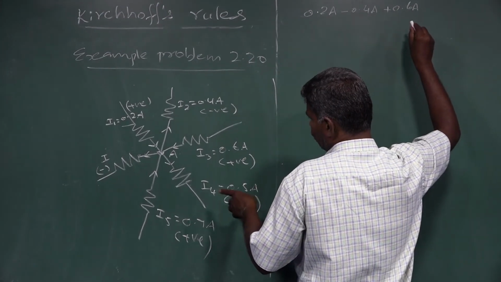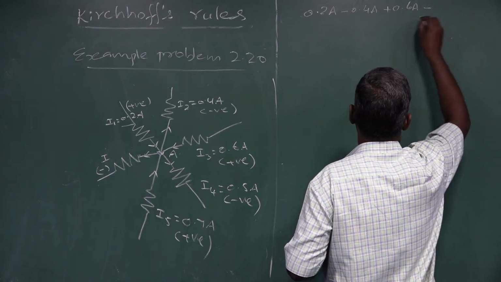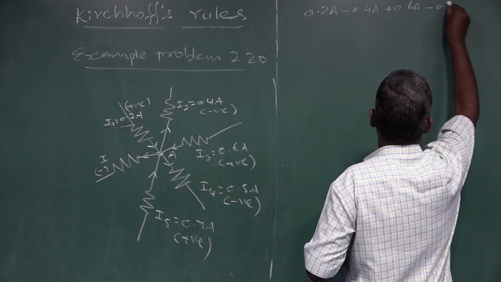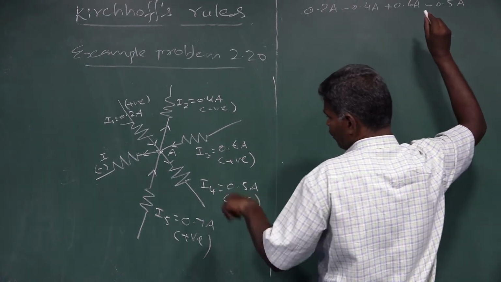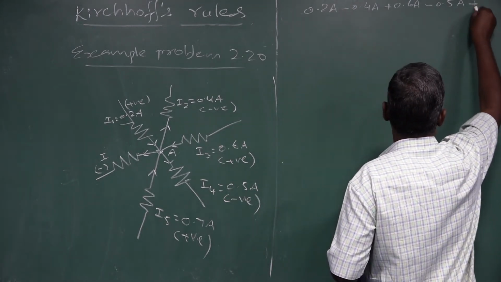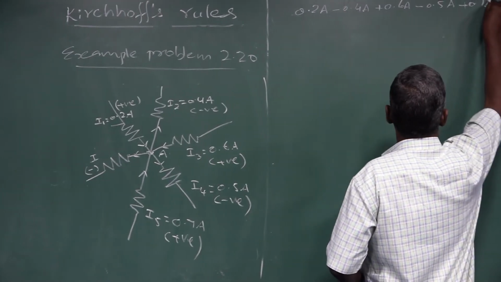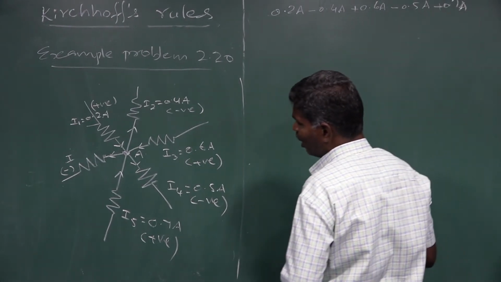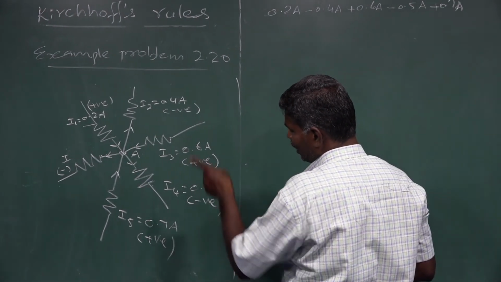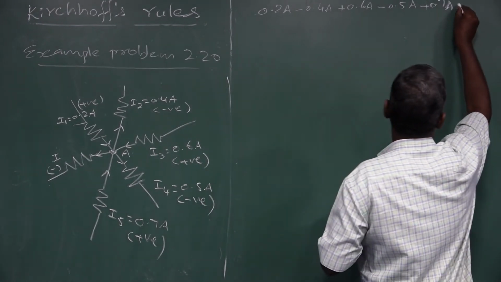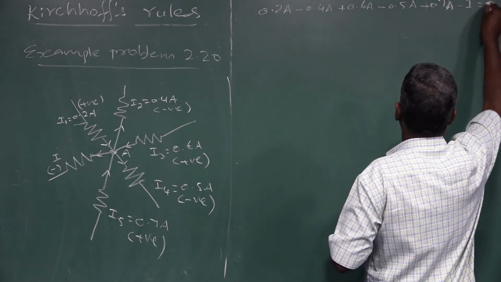Then the fourth current is away from the junction, that's why minus 0.5 ampere. And the fifth current is towards the junction, that is plus 0.7 ampere. Another current is the unknown current. Its direction is represented, but it is away from the junction, that's why minus I equal to 0.